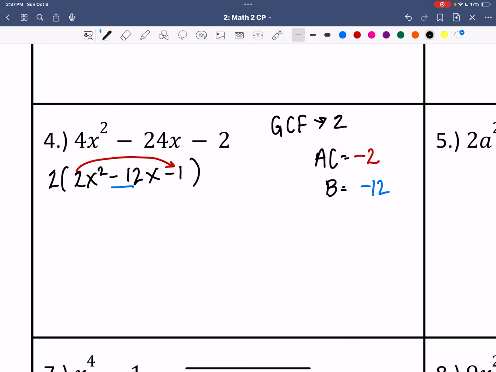All right, so now we need to think, what can we split this into to where it multiplies to give you -2, but you add it to get -12? Well, you can't do it.